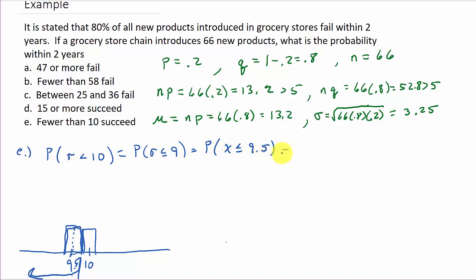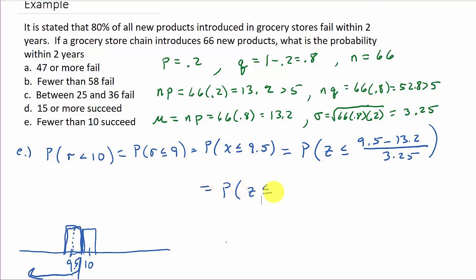And then we convert that. Probability z is less than or equal to x minus the mean over the standard deviation. So I've got 9.5 minus 13.2, divided by 3.25, and that is negative 1.14 if I round it to 2 decimal places.